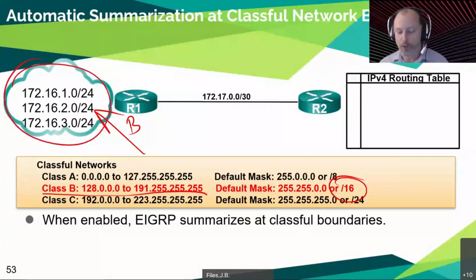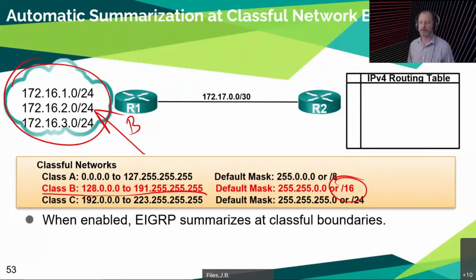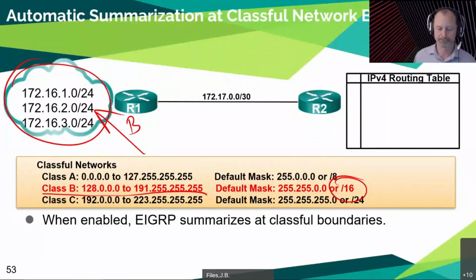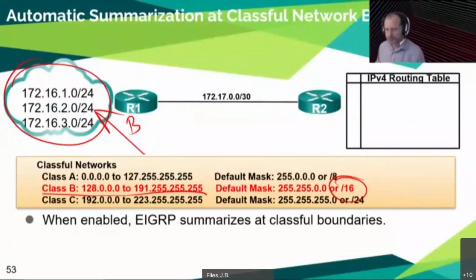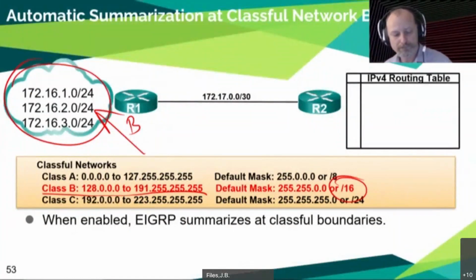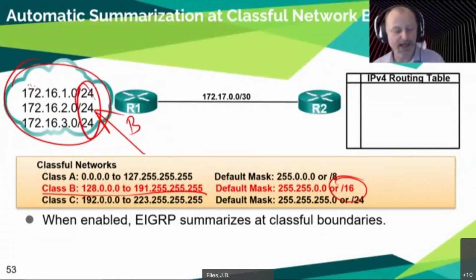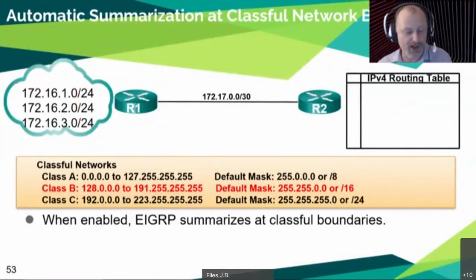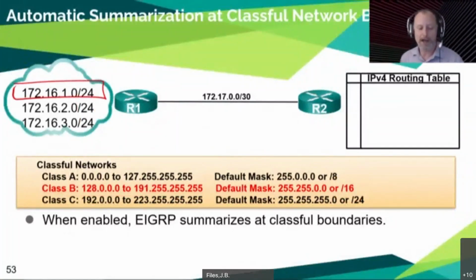If we were to say, which /16 network are those in? What would it be? Just convert this /24 to a /16. You can actually, if you just want to make it simpler, just look at one of them.